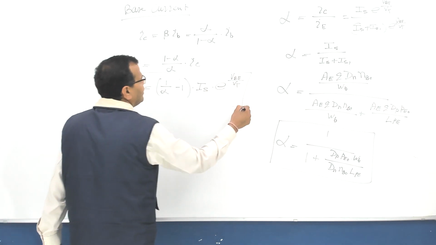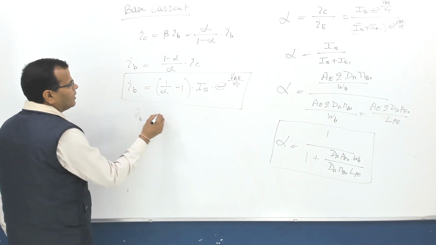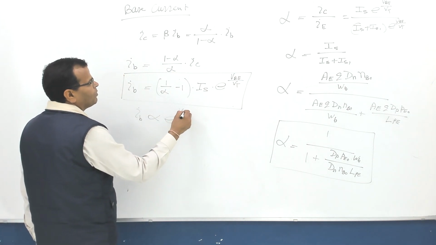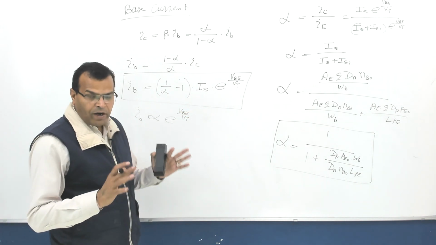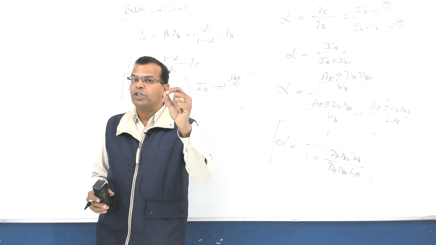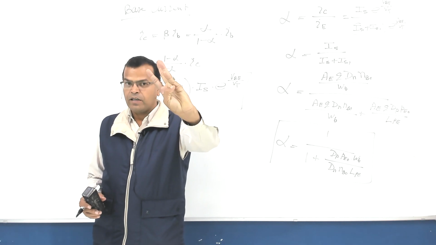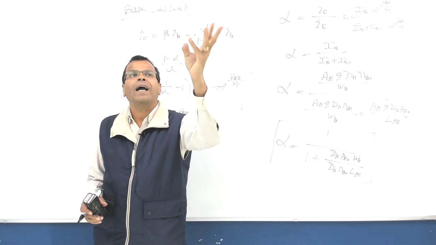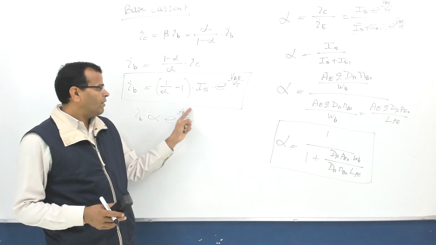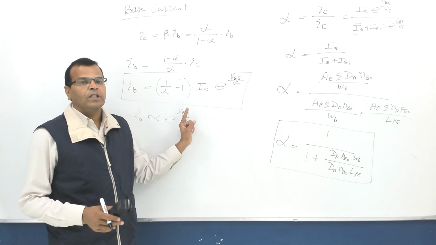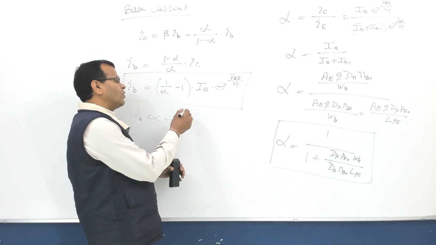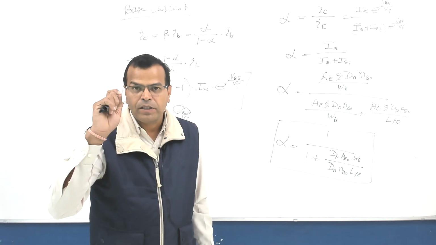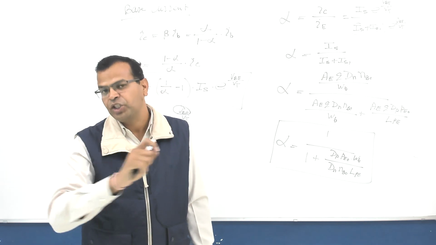So what I find here is base current is also proportional to e raised to power VBE by VT. So in all the expressions of collector current, emitter current and base current, I have this exponential term. It means all the current components in BJT are controlled by the forward biasing voltage of emitter junction.